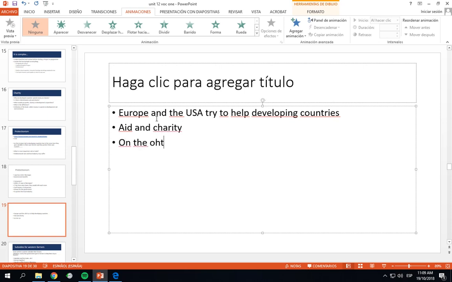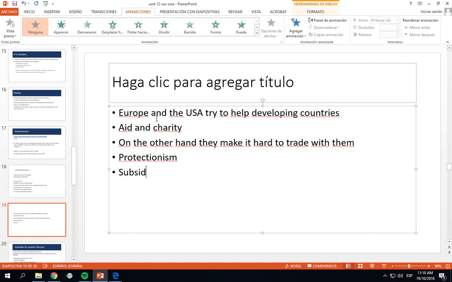And on the other hand, they make it hard to trade with them in the form of protectionism and subsidies. And this is very contradictory, right? So on one hand they help, on the other hand they make it difficult for developing countries.